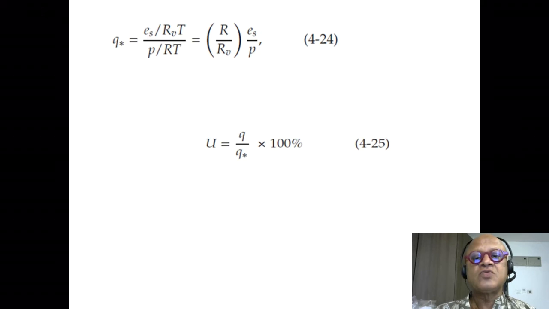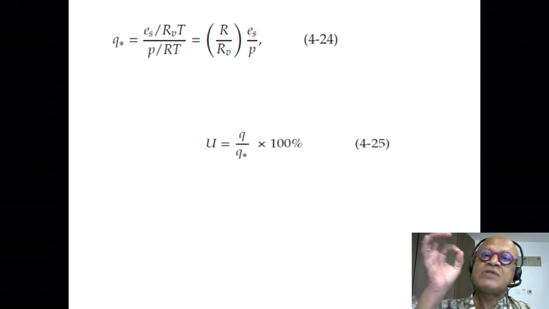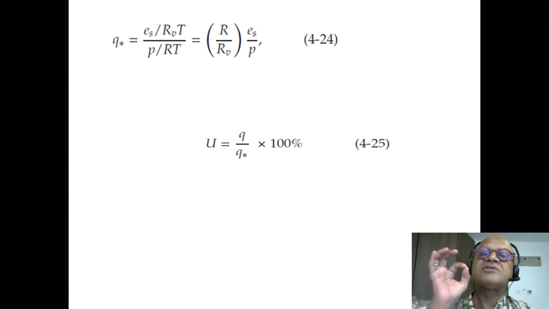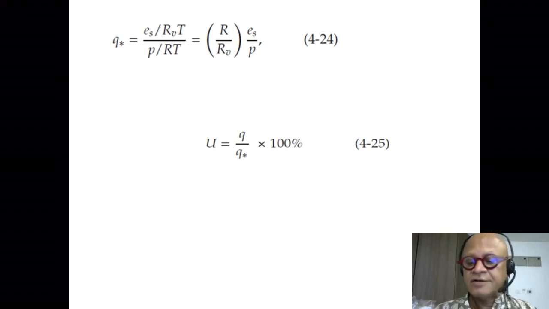Okay, so you can also define a relative humidity. What does that mean? As I said, for a given temperature, the air may not be completely saturated. So you divide the specific humidity, the humidity that is actually present in the air, which is below saturation, divided by saturation humidity corresponding to that temperature, times 100. So it's typically referred to in terms of percentage.